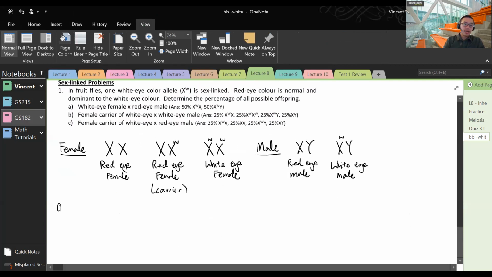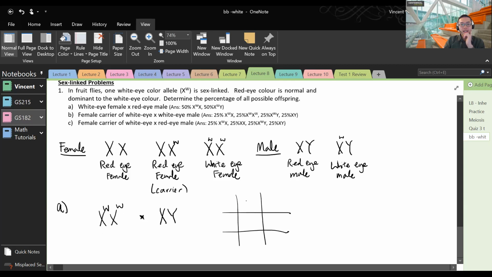Okay, so question A. We have a white eye female crossing with a red eye male. So white eye female, as you can see, is this one, right? So XW cross with, sorry, with a red eye male. Red eye male is right here, XY. Okay.